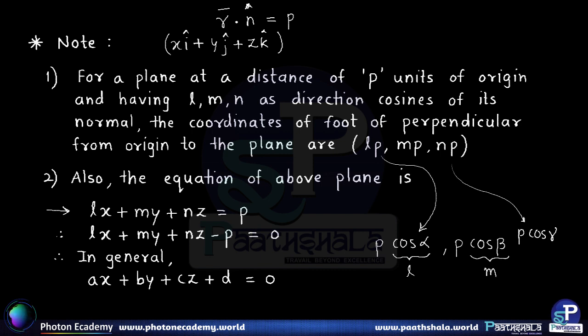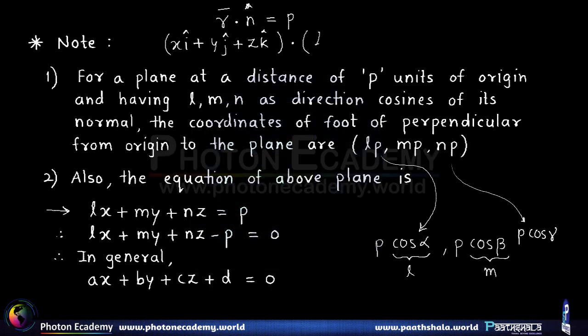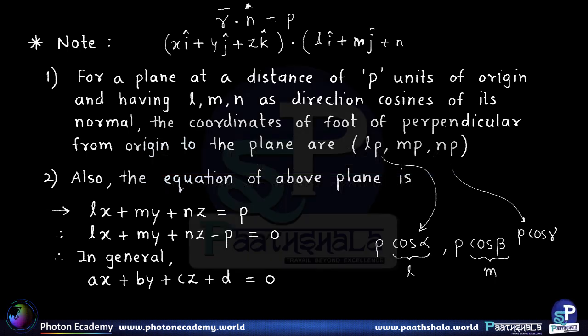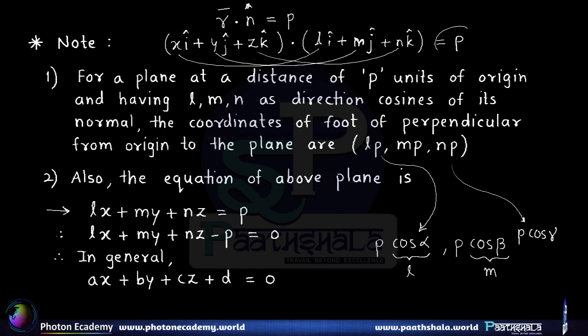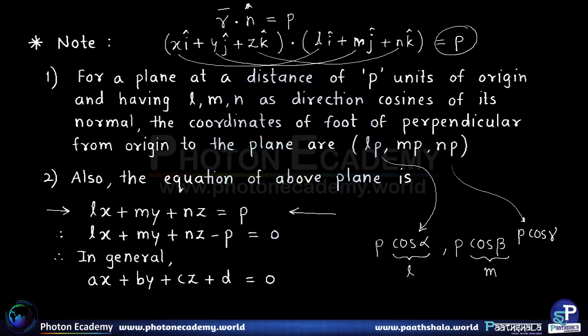Dot n cap can be written as l i plus m j plus n k, because you know that in case of a unit vector, its i, j and k coefficients indicate nothing but the direction cosines of that particular direction, is equal to p. So clearly when you take the dot product, you will have l into x plus m into y plus n into z is equal to p. So this is the equation that we have.